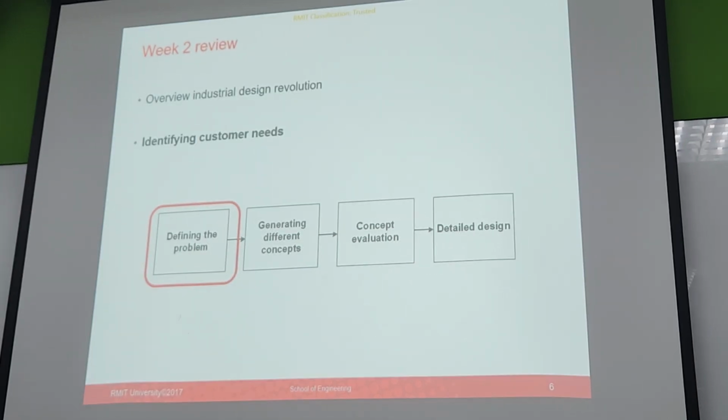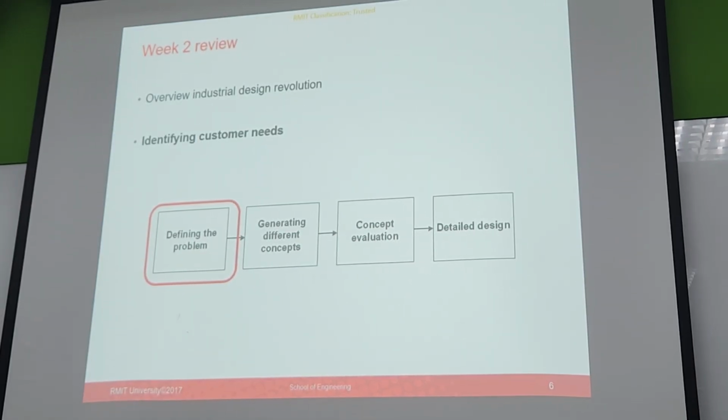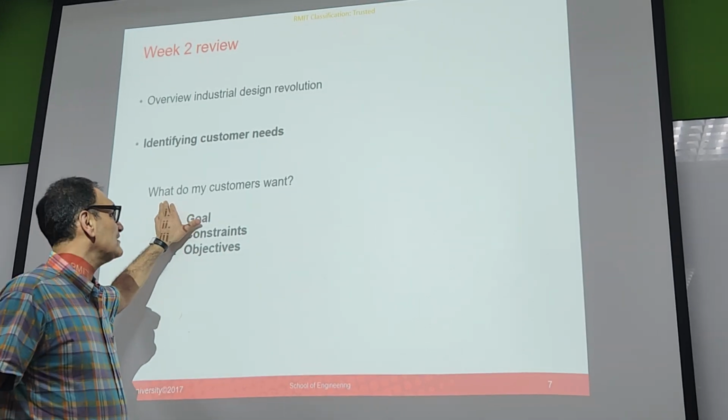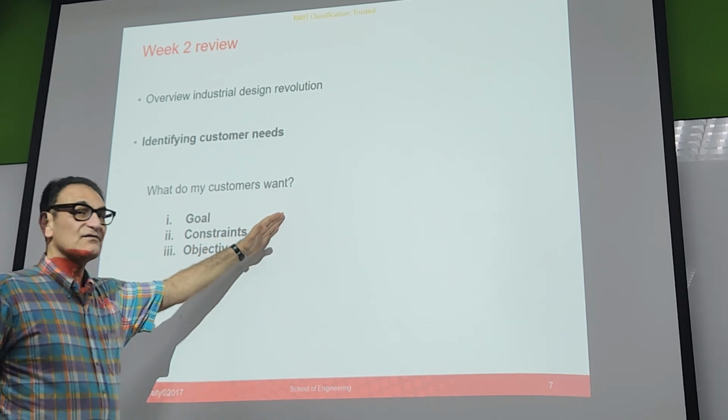If you remember, for identifying the problem, I told you we need to talk with the customer. What's the problem? And I told you for that we have observation, group interview, or anything we have, and then we have to say what my customer wants.